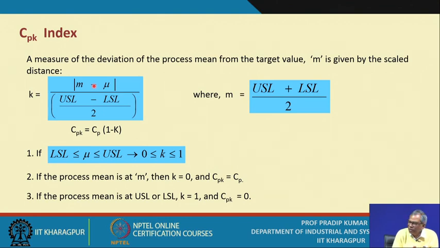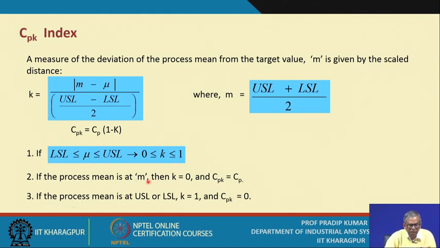You can't do anything on m, that is pre-specified, the location is known, but mu's location is a variable. So, you try to create the process settings in such a way that majority of the times mu coincides with, or is almost the same as, m. That means there is no significant difference between the value of mu and the value of m. Is it clear? So, this is okay.